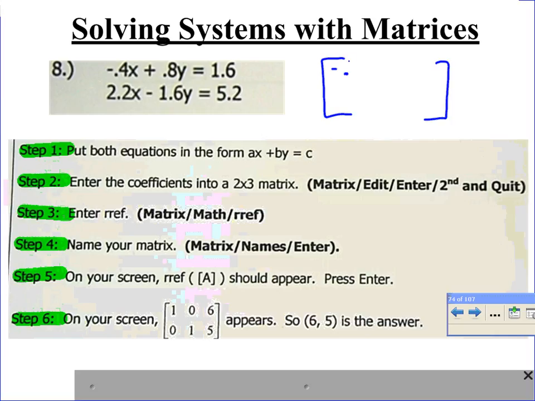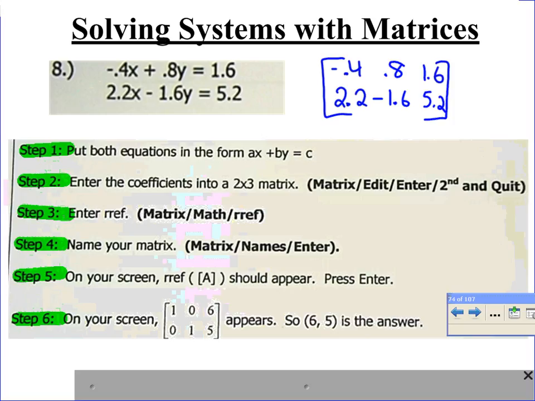On the bottom, 2.2, negative 1.6, and 5.2. So cut and paste the numbers out, which are the coefficients, and put them into the matrix.